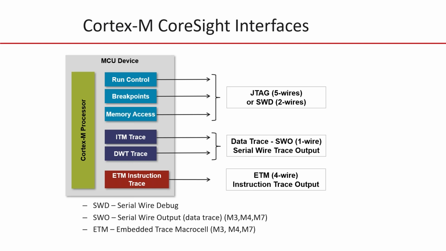There is then a third pin called the serial wire out pin. This is where the instrumentation and the data watch trace are connected to. And you need to have this pin if you're going to receive data from these units. This may be a dedicated pin, or it may be multiplexed with a GPIO or other peripheral.